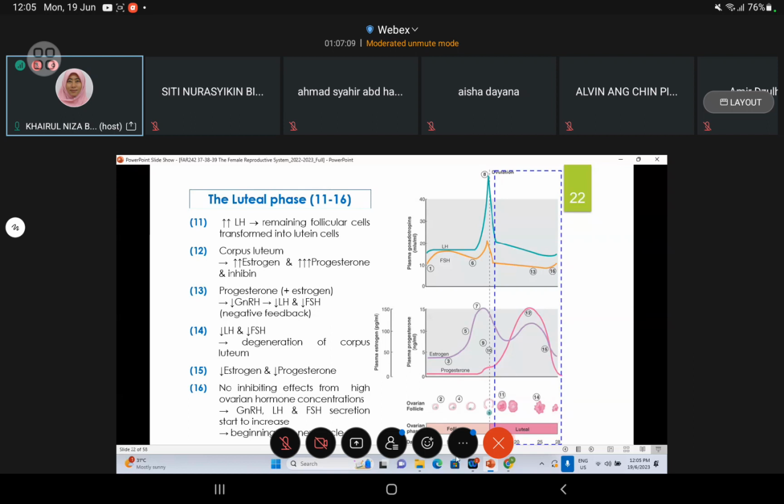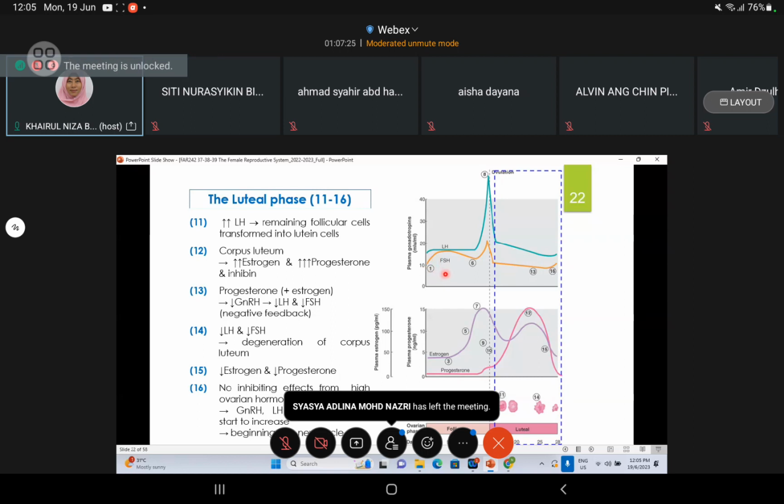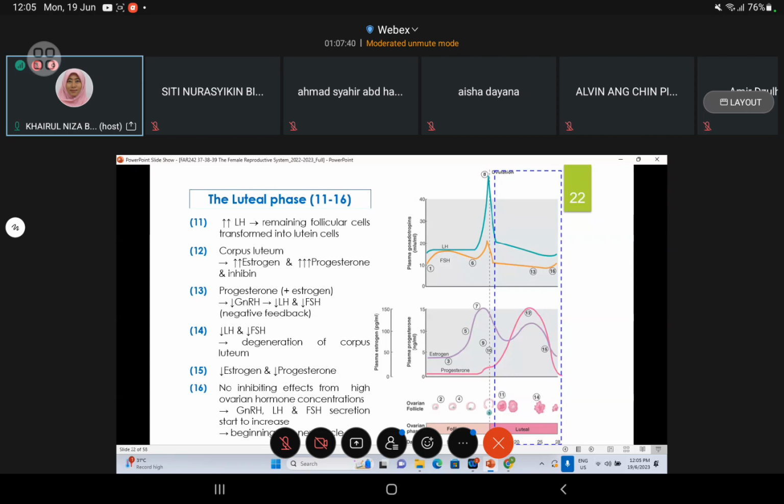That then goes back to the early follicular phase, which means that estrogen is very low and progesterone is very low as well, so the inhibitory effect on FSH is blocked. FSH starts to be secreted, which then starts to induce the development of new ovarian follicles. So that is how the menstrual cycle is automatically regulated.